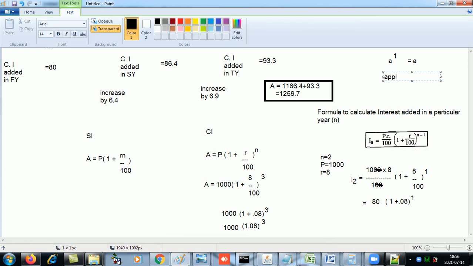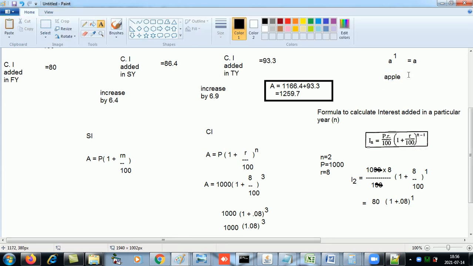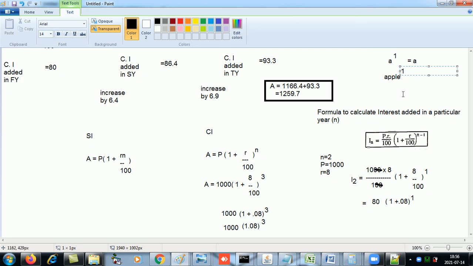Okay, so if I say apple raised to 1 is apple, Virat raised to 1 is Virat. Anything raised to 1 is the same number.